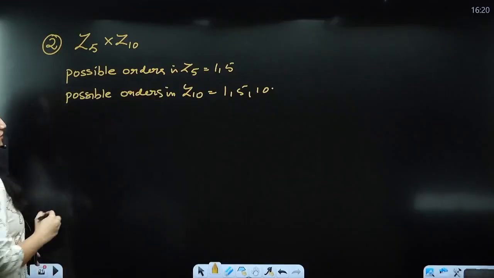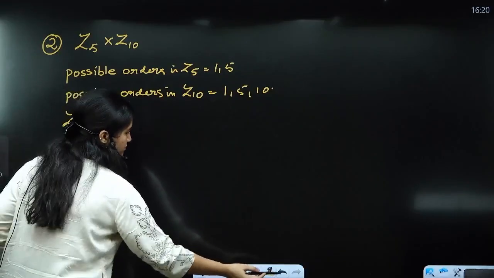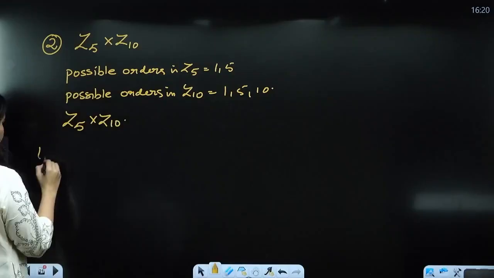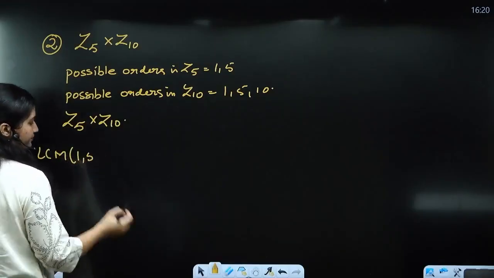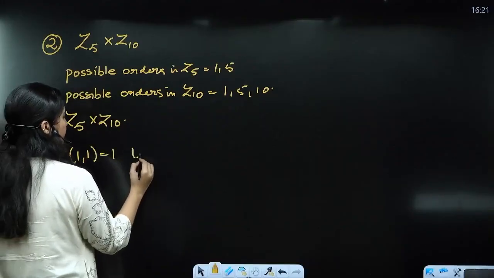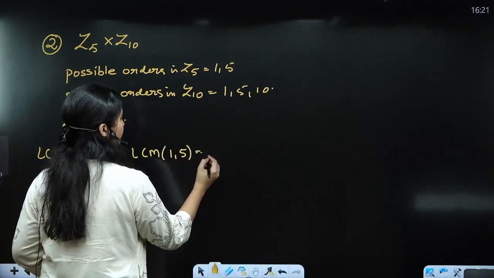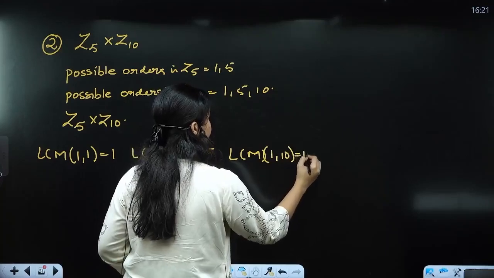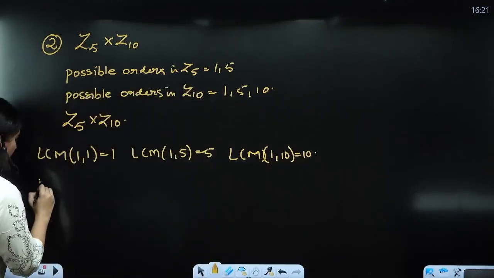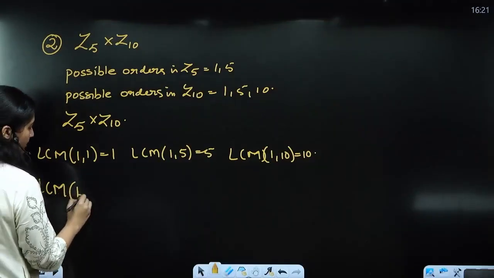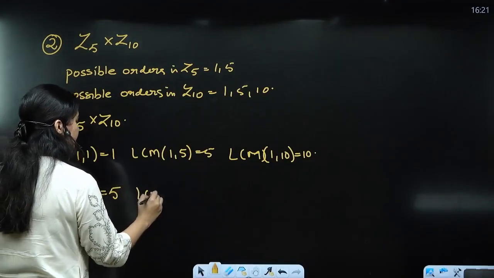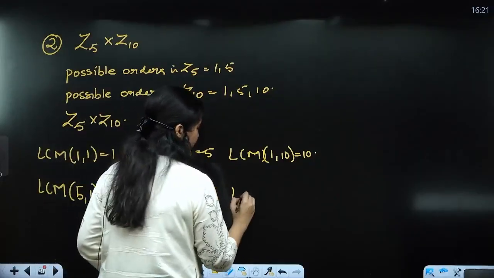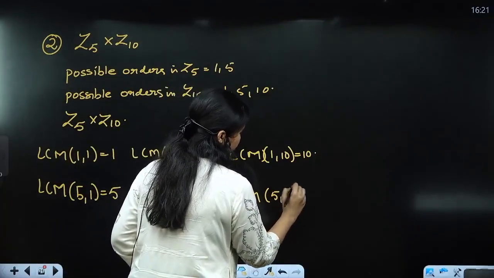Now what are the possible orders in Z5 cross Z10? They are going to be LCM of 1, 1 is 1, LCM of 1, 5, that is 5, then LCM of 1, 10, that is 10, then you have LCM of 5, 1, that is 5, then LCM of 5, 5, that is again 5, and finally LCM of 5, 10, that is 10.